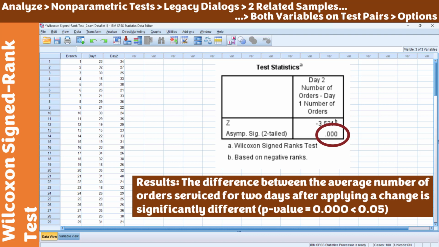If you are the owner of this fast food company and would like to know if there's a significant difference after an implemented change, that would mean that the implemented change actually increased, actually improved, significantly improved the number of orders serviced.